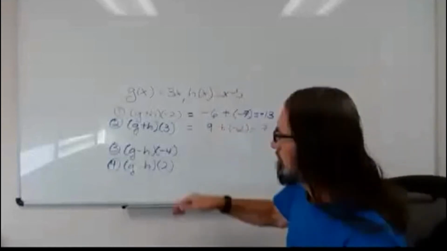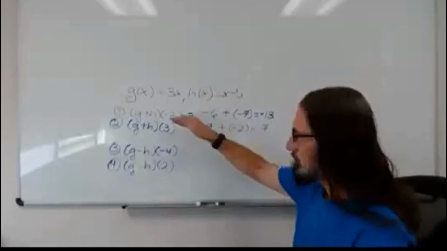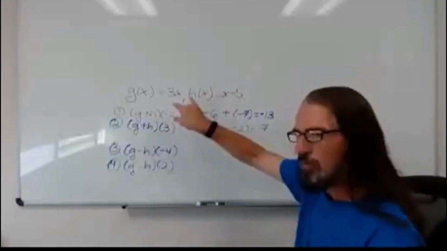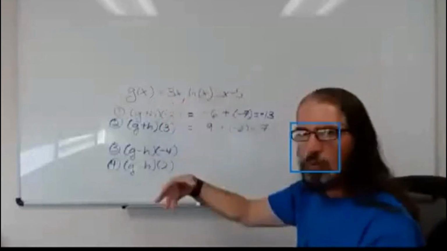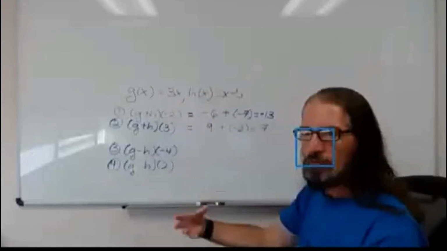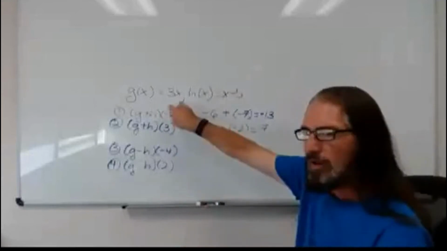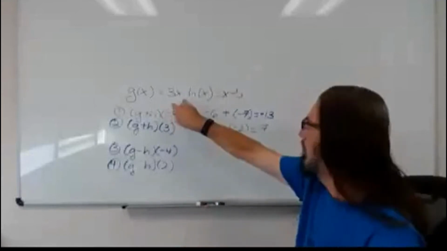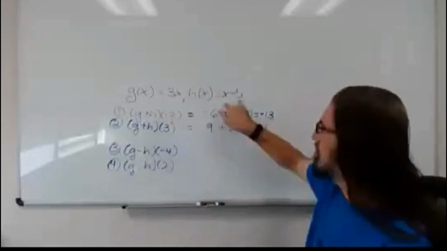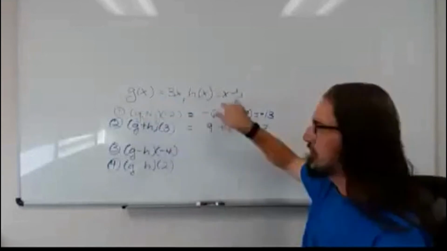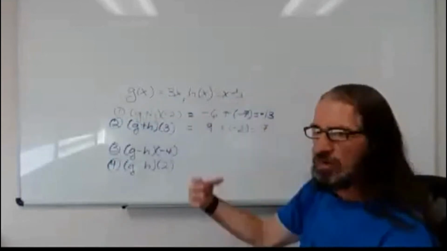However, that's not so bad if you only have to do 1 or 2. What if we have to keep working with these two functions over and over again and add the results? Why not come up with a formula? Notice here I had to do 1, 2, 3 operations. The multiplication, the subtraction, and then adding.